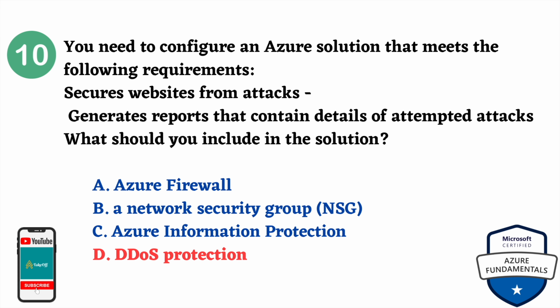DDoS standard can help you generate the reports that contain the details of these attempted attacks. There might be a question as well on which offering will help you generate the reports. In that case you have to choose standard, because basic does not have that feature of generating reports. So the correct answer is DDoS protection.